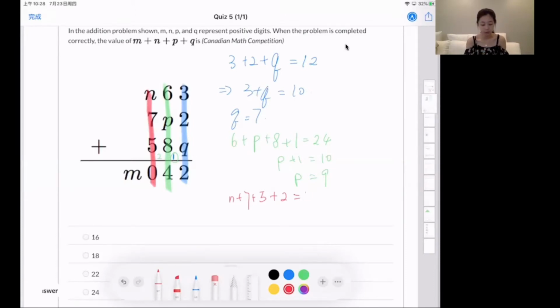So we put 20 here, and then n plus 14 equals 20, n equals 6, right?